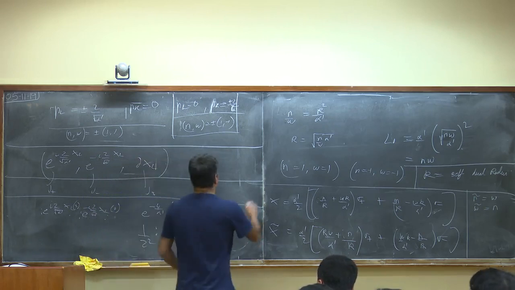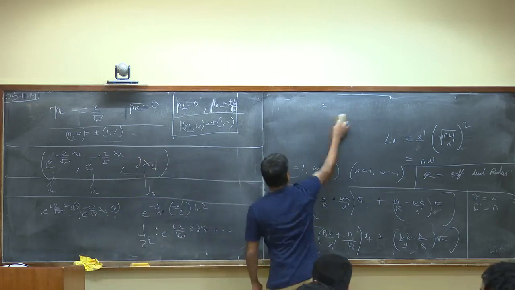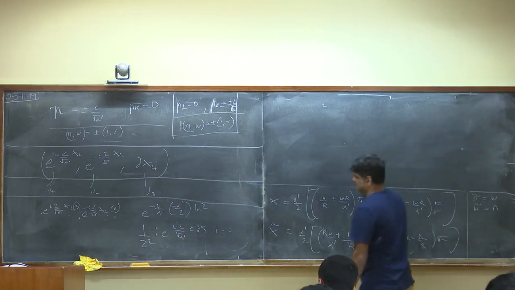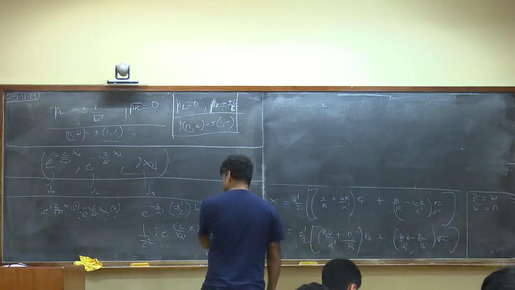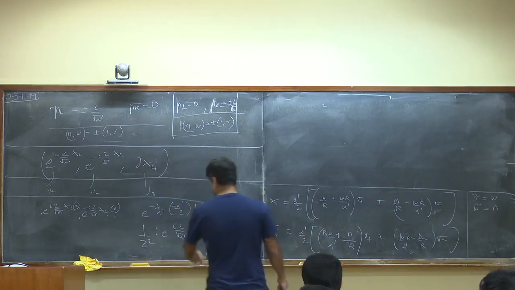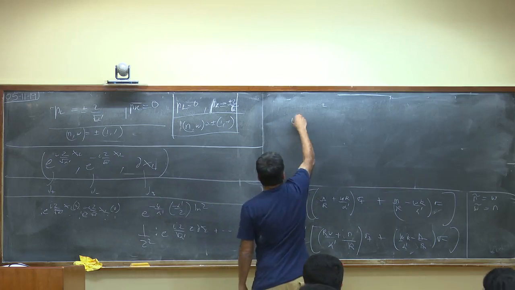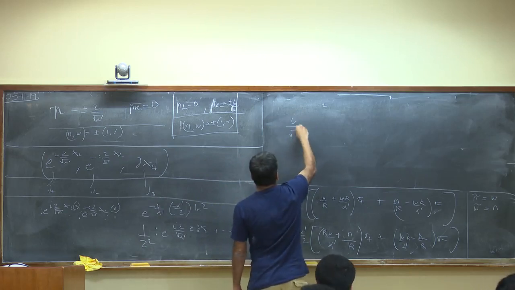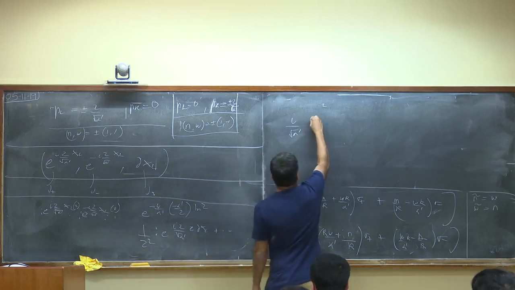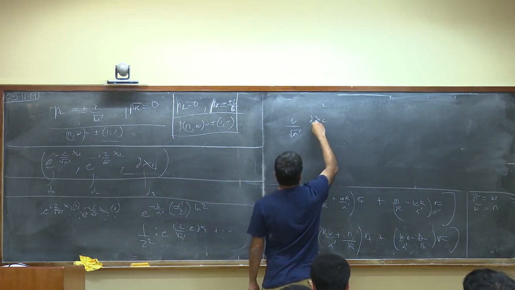Expand that, we get i by square root alpha prime del xl by z.